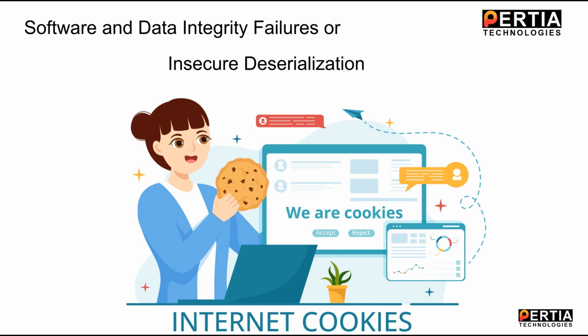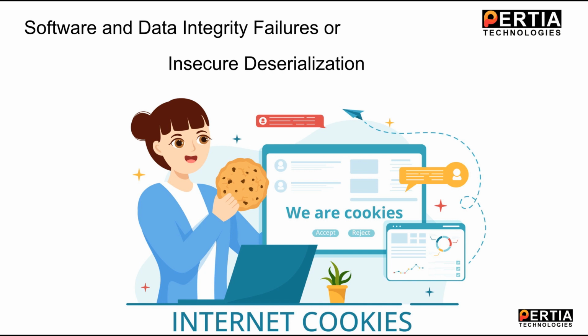The next time you visit the pizza website, your browser sends the stored cookie back to the server. Now, here is where the problem can occur. If the server doesn't properly validate and handle the data within that cookie during deserialization, it becomes vulnerable.